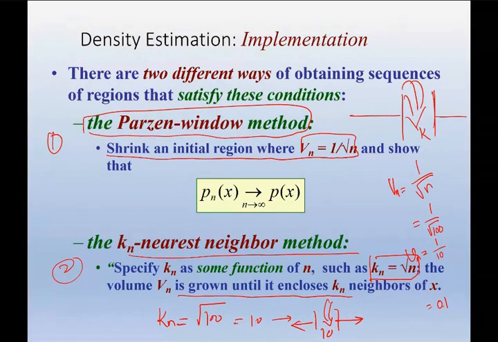So as n grows, this volume will shrink. That's why it is called a shrinking window. And in the case of k nearest neighbor, as n increases, the window size also increases. So this is called a growing window.